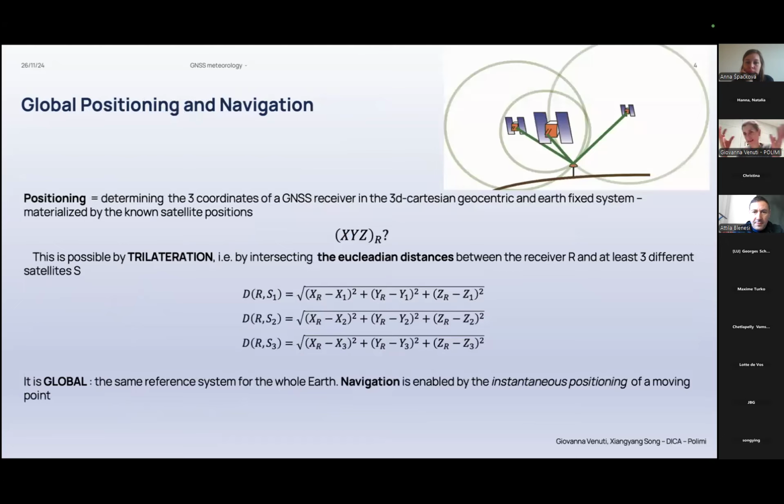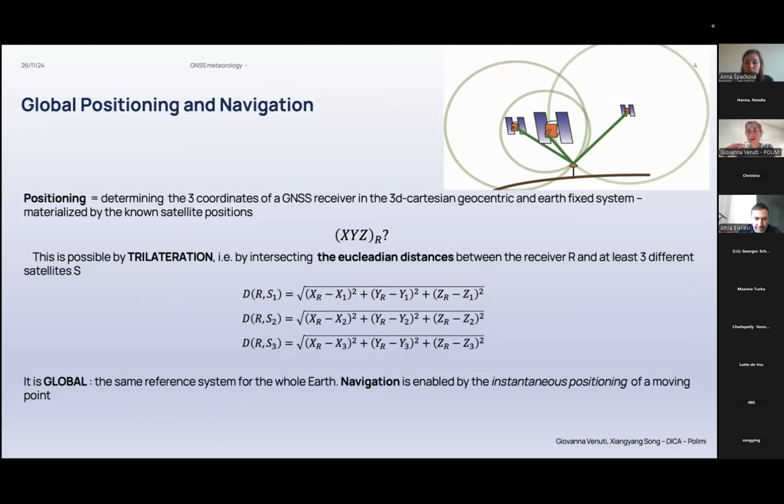GNSS is a satellite system. It is based on the fact that a satellite constellation, well, more than one constellation, is able to establish a global reference system. You can imagine a Cartesian coordinate system, Earth-centered and Earth-fixed, in which the position of the satellites is known. You know their coordinates as they are orbiting at 20,000 kilometers from the Earth's surface.